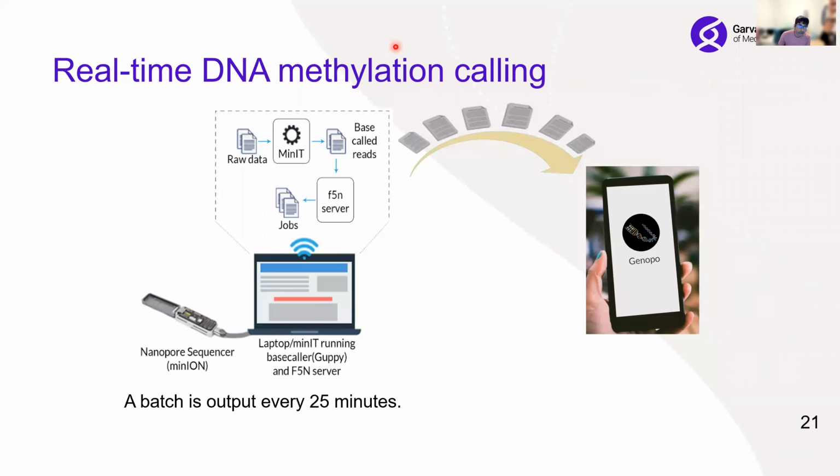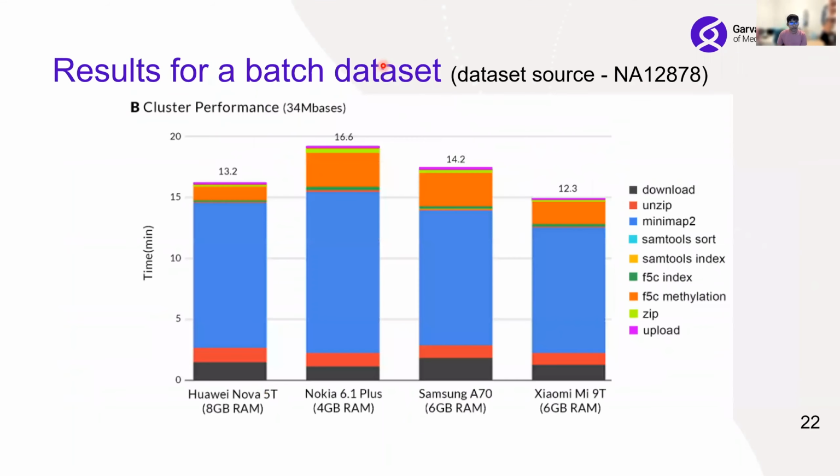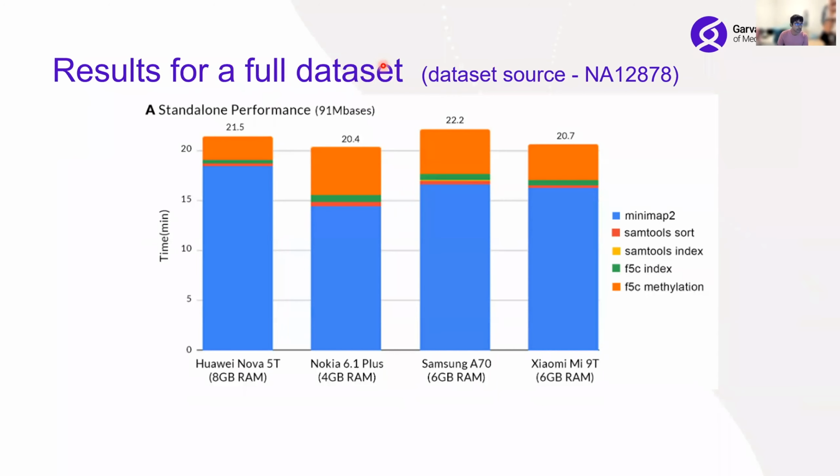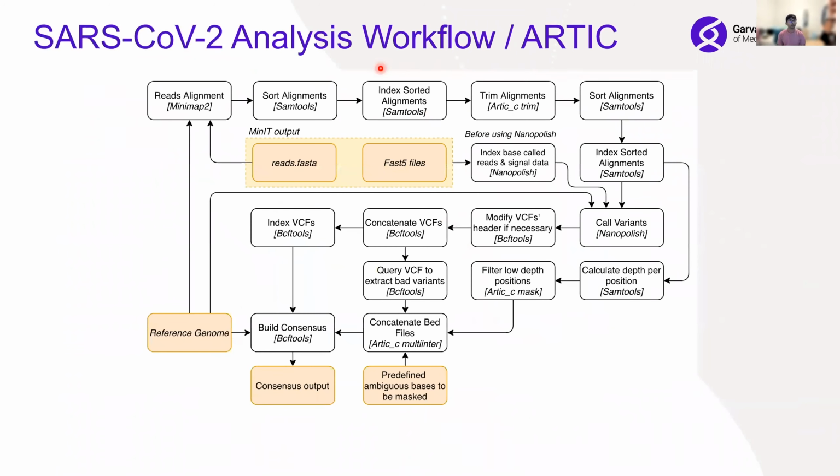And then we were just drafting a manuscript at that time, and suddenly this coronavirus also came, and then we thought, okay, given that we made it in a way that it's very easy to be modified, let's implement the coronavirus analysis workflow onto it as well.